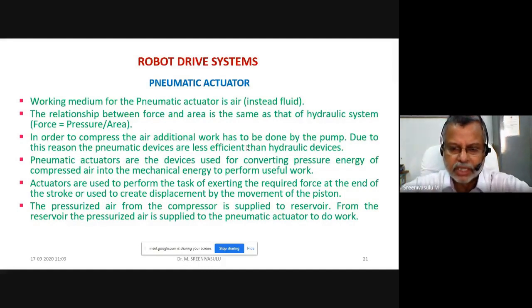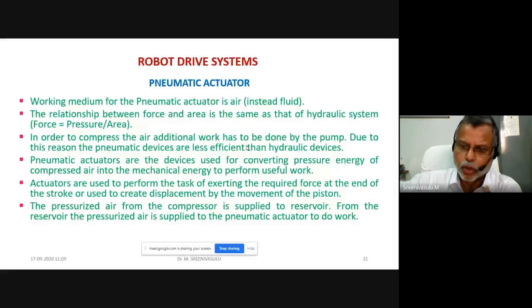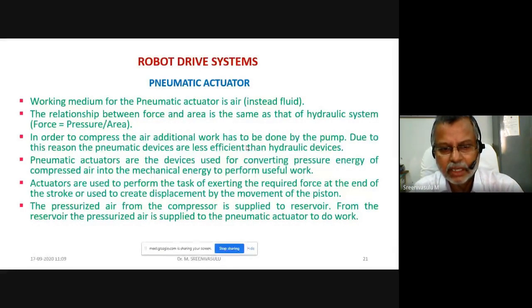So the more air you supply in a compressed mode, the more it occupies the tank, and its pressure is going to go on rising bit by bit. From that particular tank only you will be in a position to use the air for your purpose.